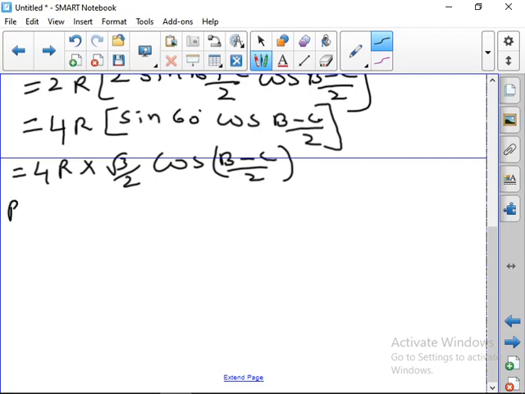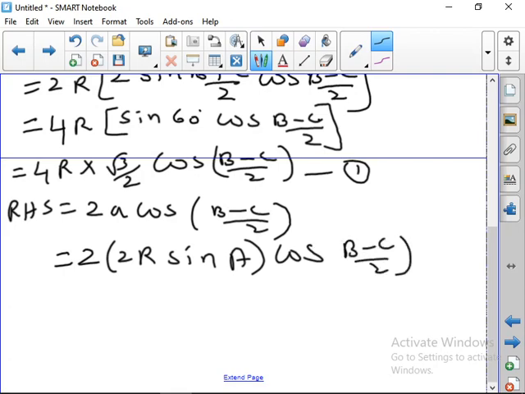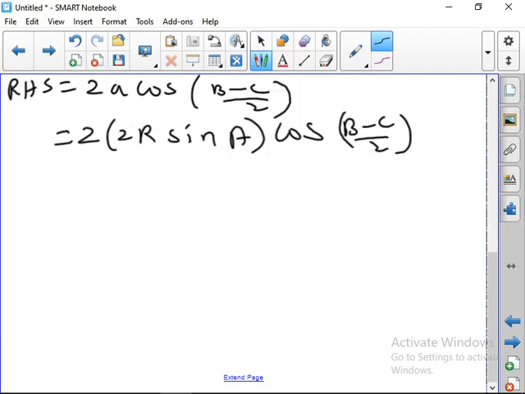Now take the right hand side. Okay, so this you take it as number 1. So what is the right hand side? 2A cos B minus C by 2. So it is equal to, by law of sine we can write A as 2R sine A into cos B minus C by 2. Now what is angle A given in the question? So this is 4R.